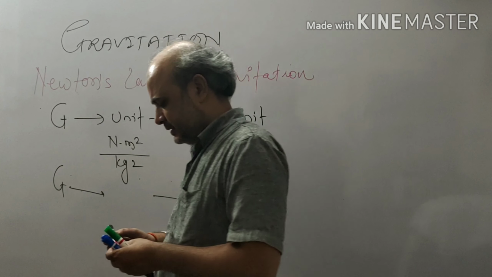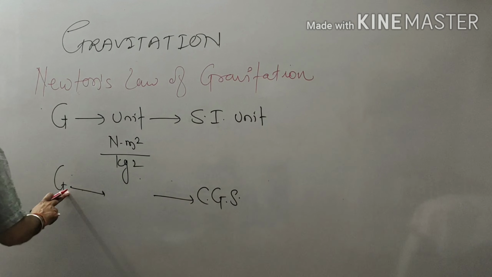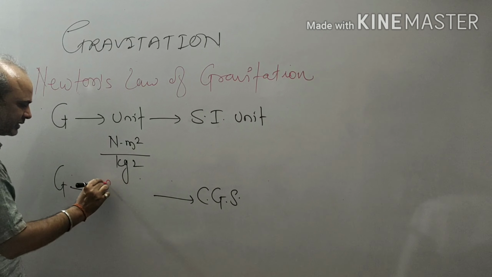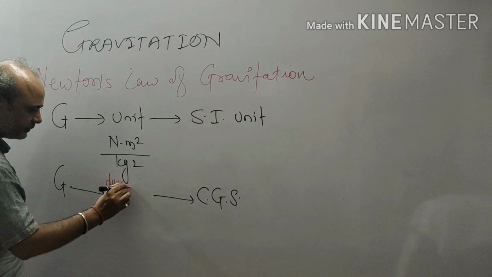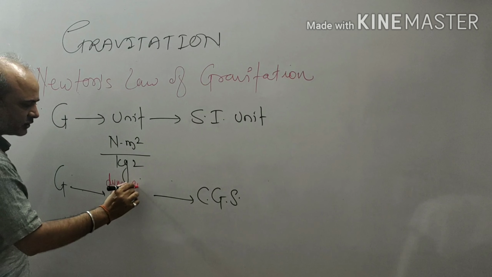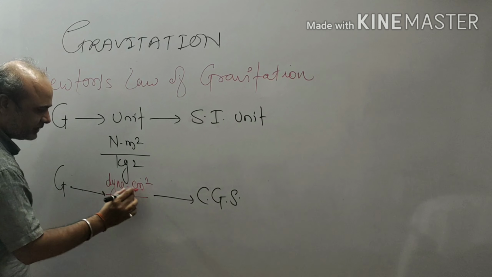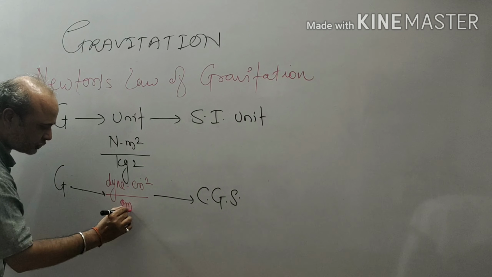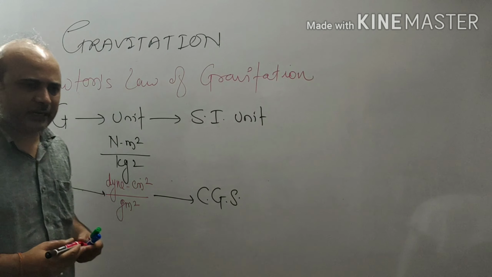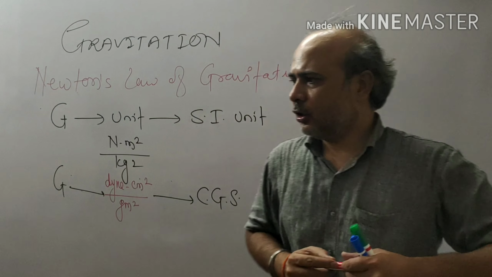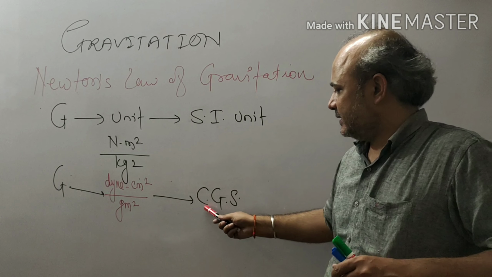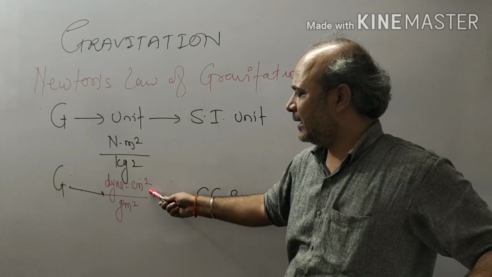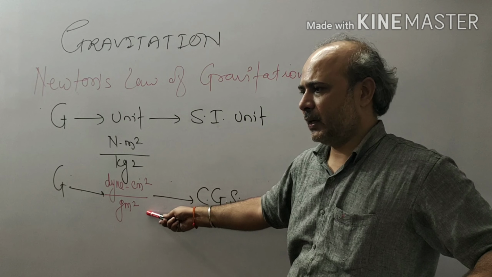In CGS, the unit of force is dyne, meter becomes centimeter square, and kg becomes gram square. So the unit of G in the CGS system is dyne centimeter square per gram square.